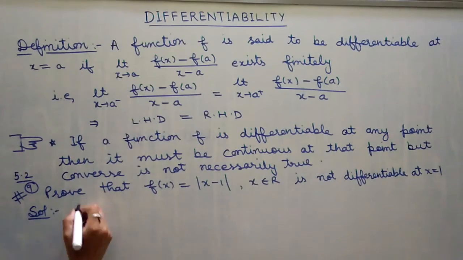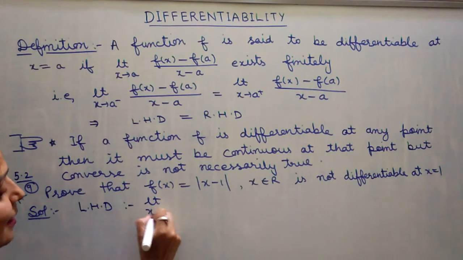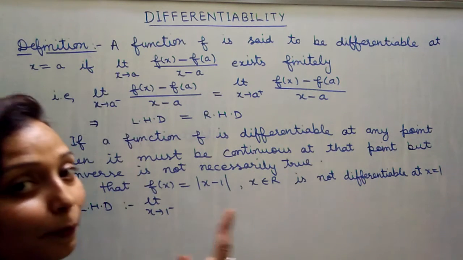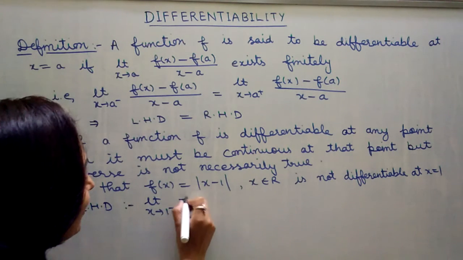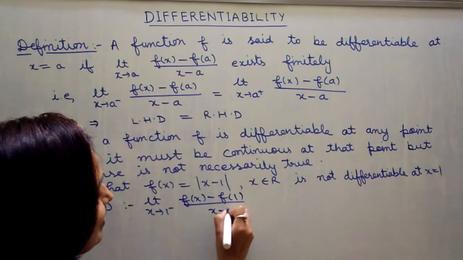I will start with the left hand derivative. When you take the left hand derivative, limit x approaches 1 negative, of f(x) minus f(1) upon x minus 1.